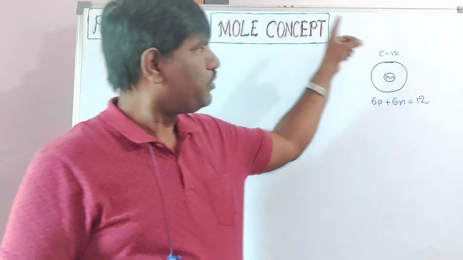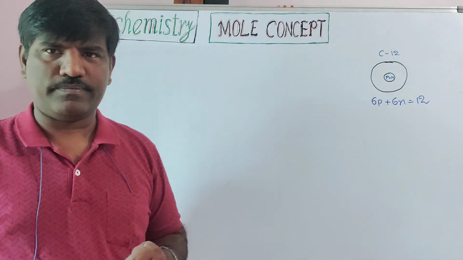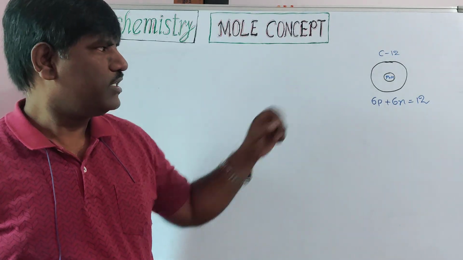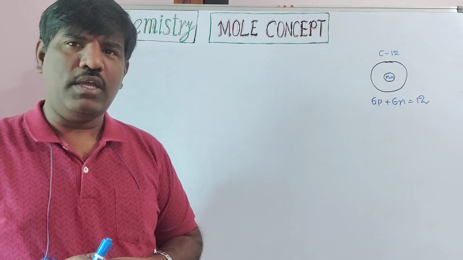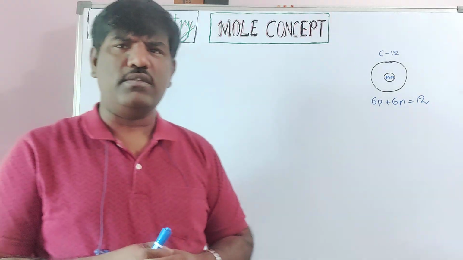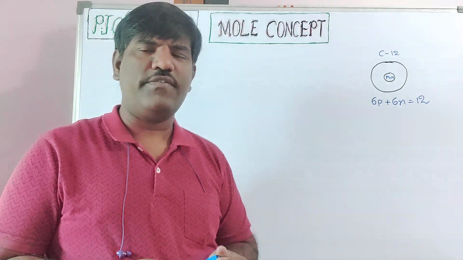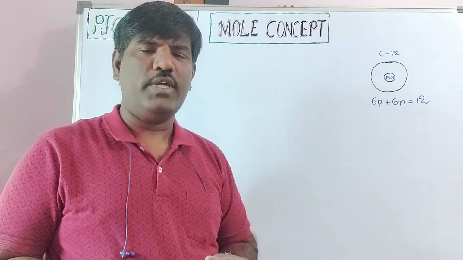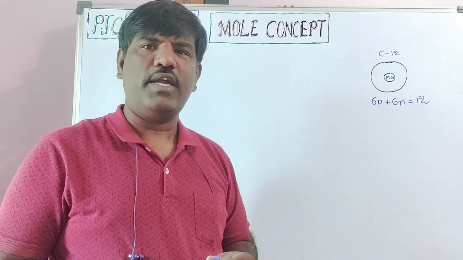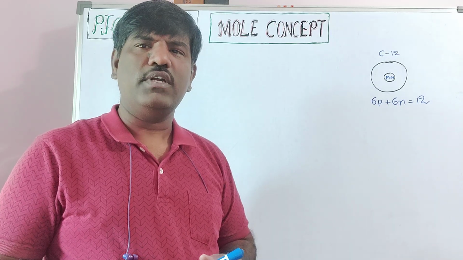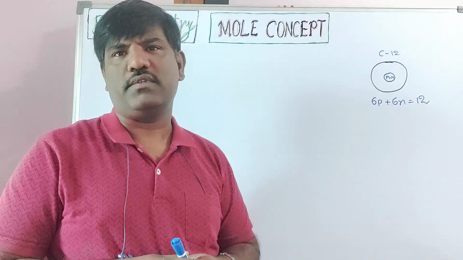Now the total atom mass is nothing but 6 protons plus 6 neutrons. Electrons are also present now, but the mass of an electron is very small, negligible: 9.11 into 10 to the power of minus 31 kilograms.